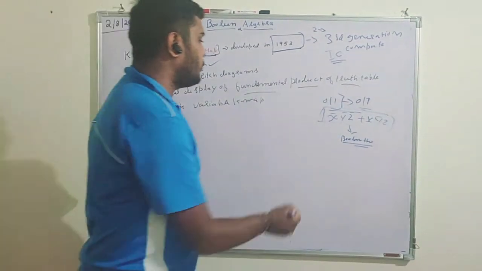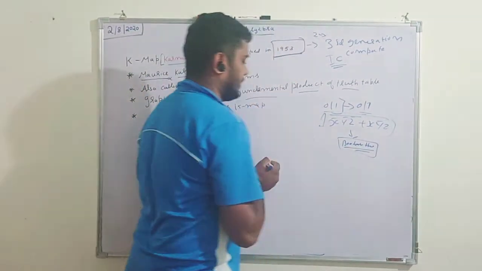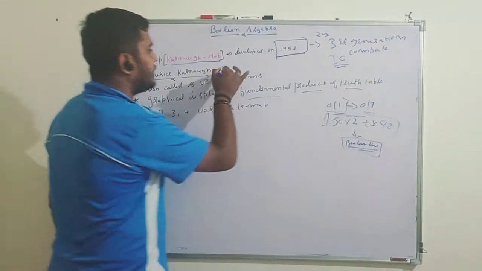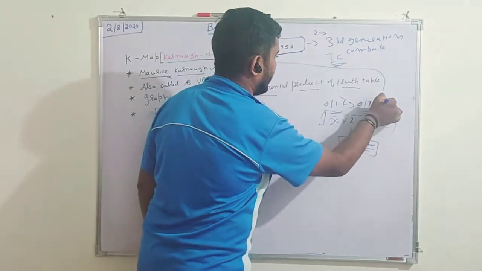We face a difficulty. To reduce the difficulty, Maurice Karnaugh invented a diagrammatic representation called K-map.